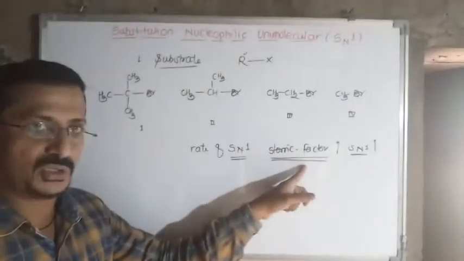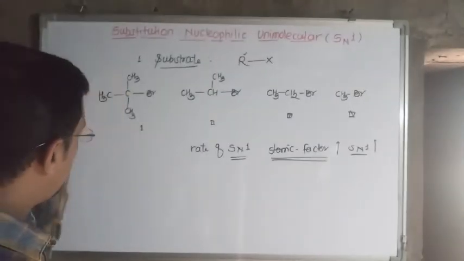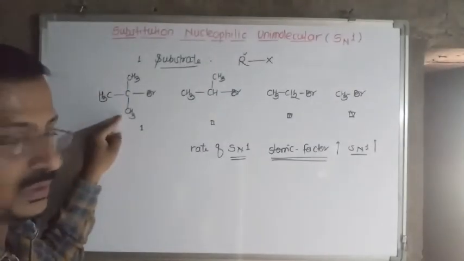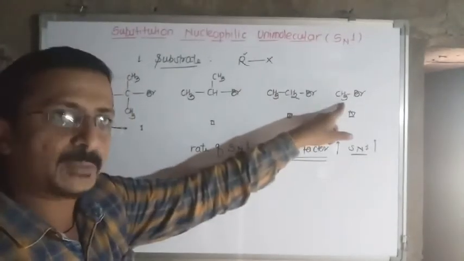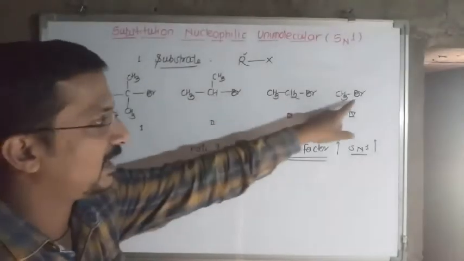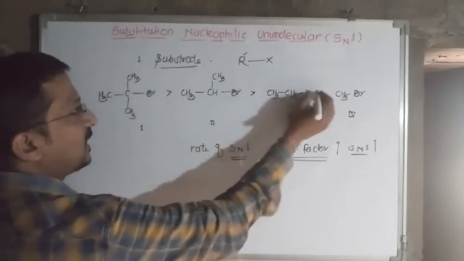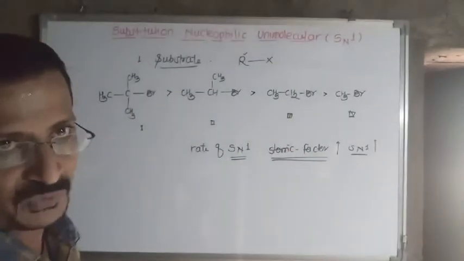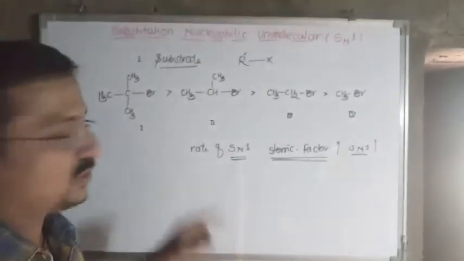Steric factor is very important. The carbon is sterically hindered by three methyl groups here, two methyl groups here, only one methyl group here, and here only hydrogens are there. So the steric factor is most in one case and very much less in the other. That's why the order of the SN1 reaction for these substrates is like this, because the steric factor is more here.